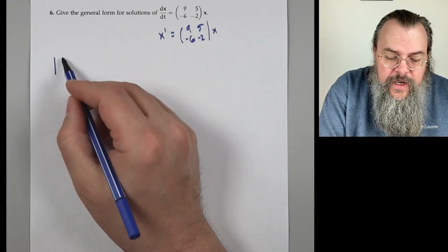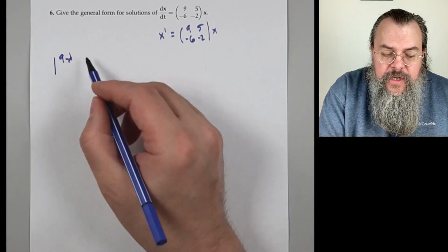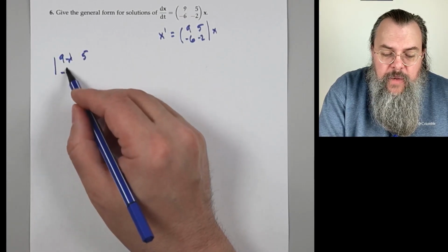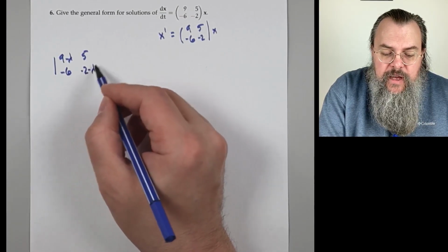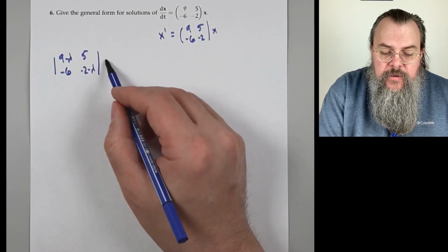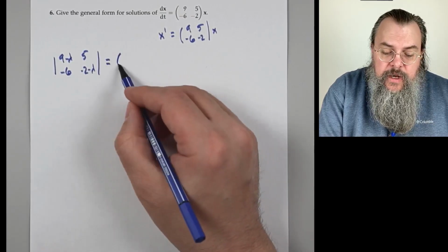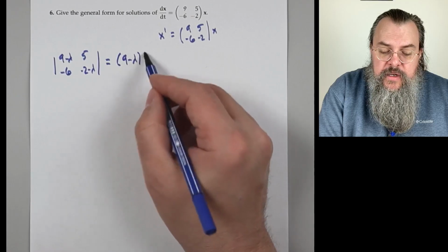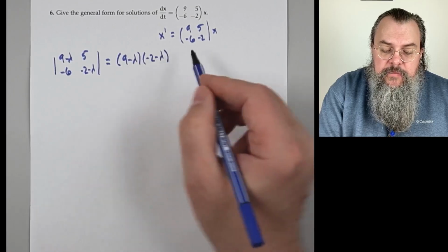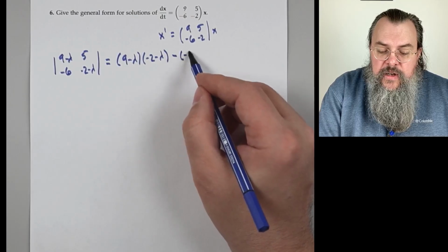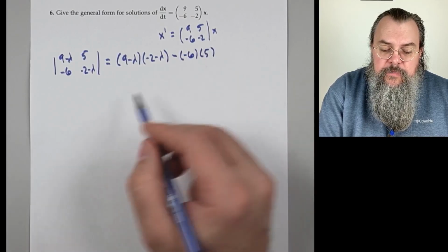So we're going to find 9 minus lambda, 5, minus 6, minus 2 minus lambda. And we're taking that determinant. So we'll have 9 minus lambda times minus 2 minus lambda, subtract negative 6 times 5.